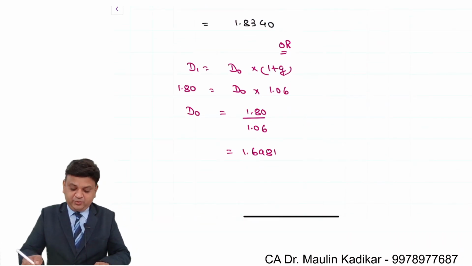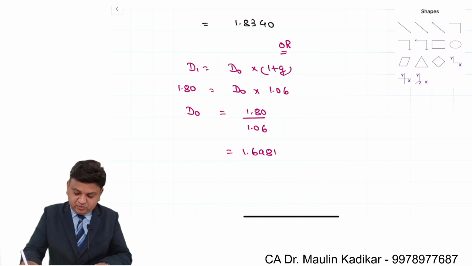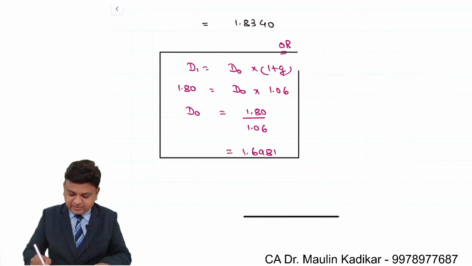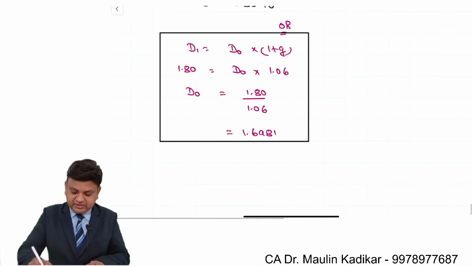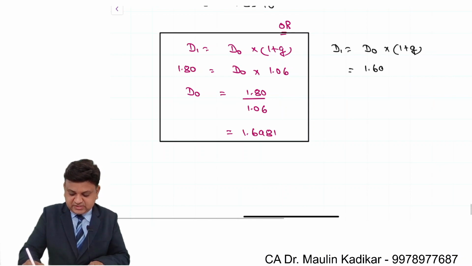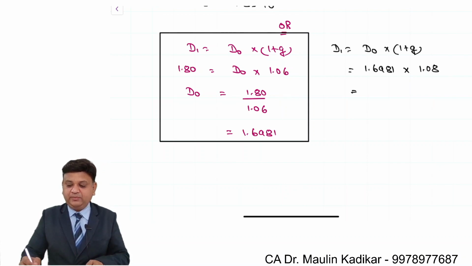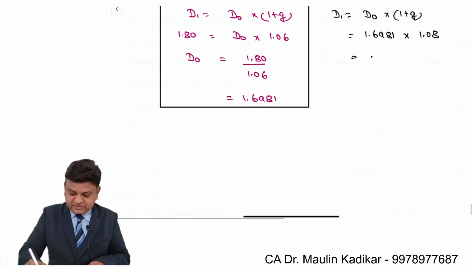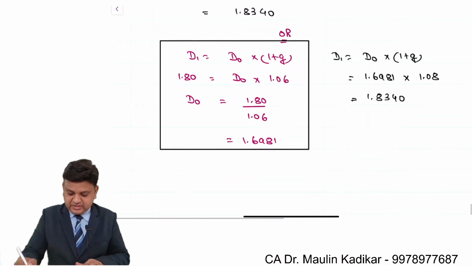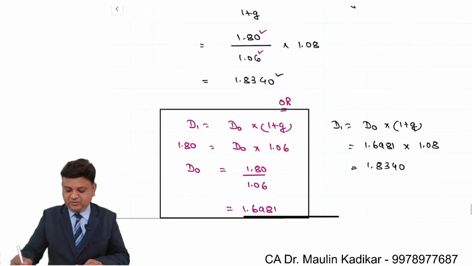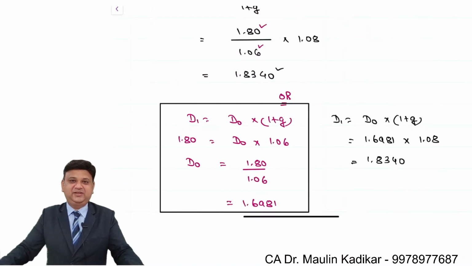So this is the way you can first compute D0, and now the growth rate is 8%. So D1 is equal to D0 into 1 plus g once again. D0 is 1.6981, and the growth rate is 8%. That comes to 1.8339, that is 1.8340. That is the way revised D1 can be calculated.